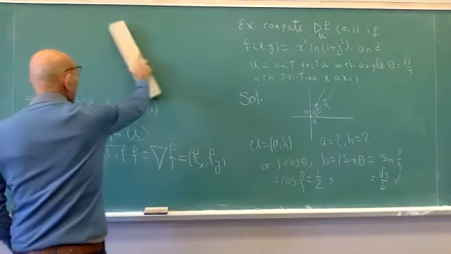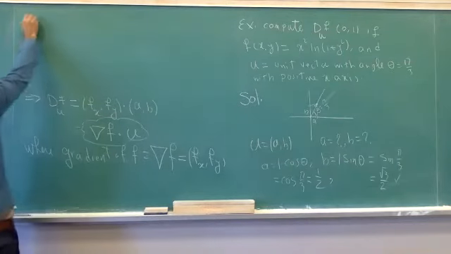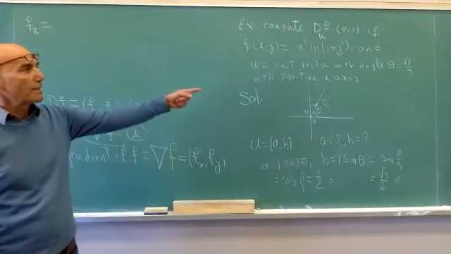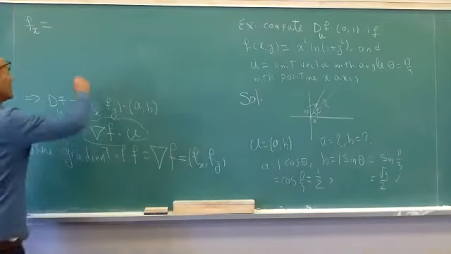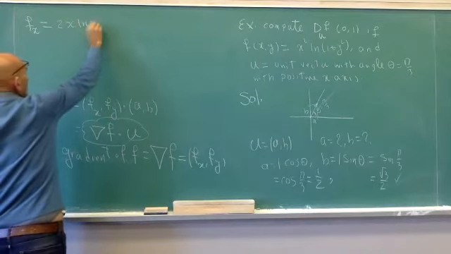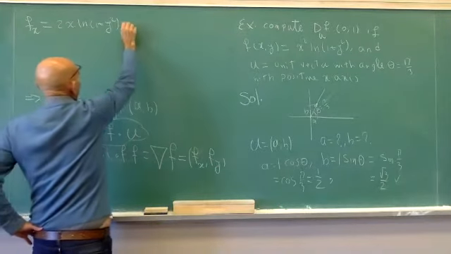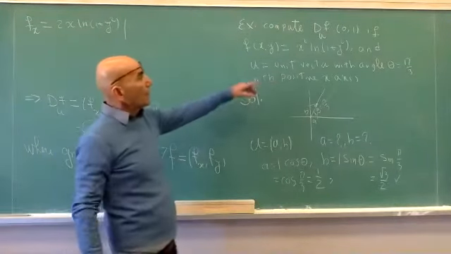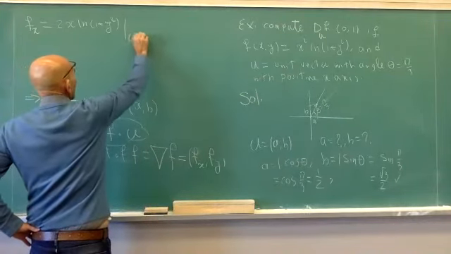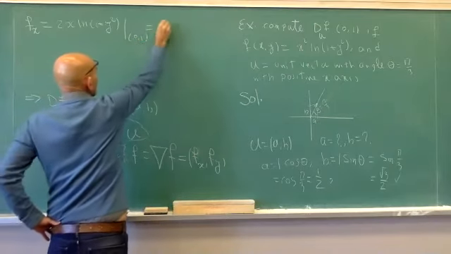What is f sub x? It's the partial derivative of this guy with respect to x. That's 2x log of 1 plus y squared. But we are interested in the point 0 and 1, right? So x is 0, so this is 0.